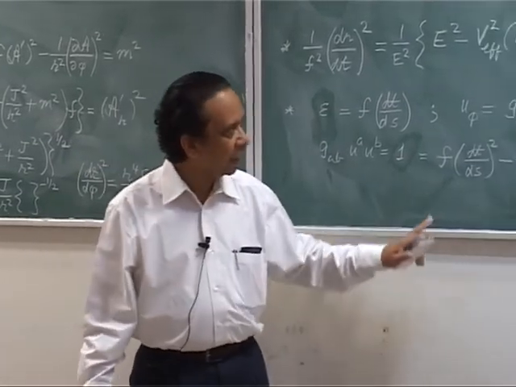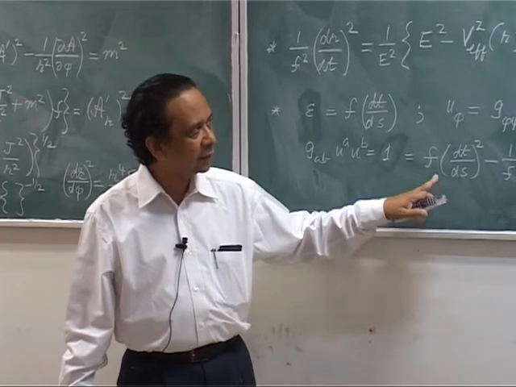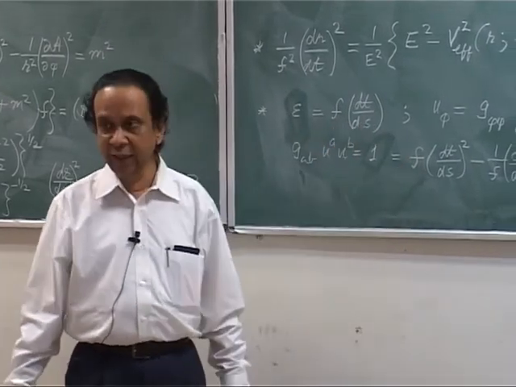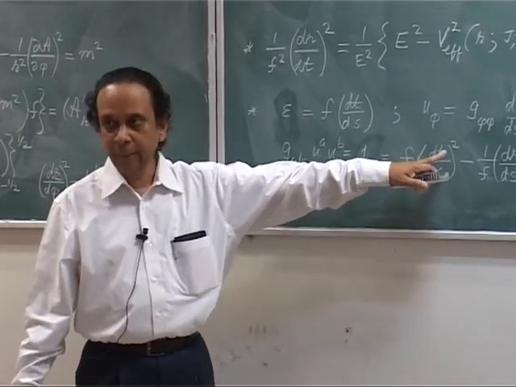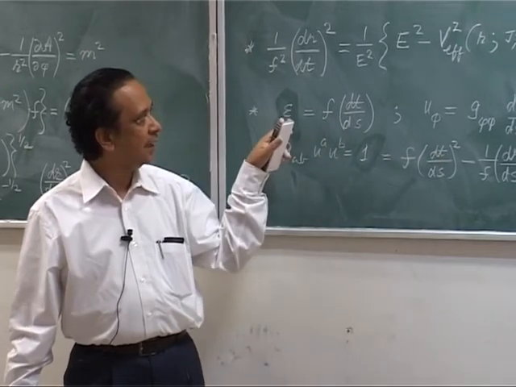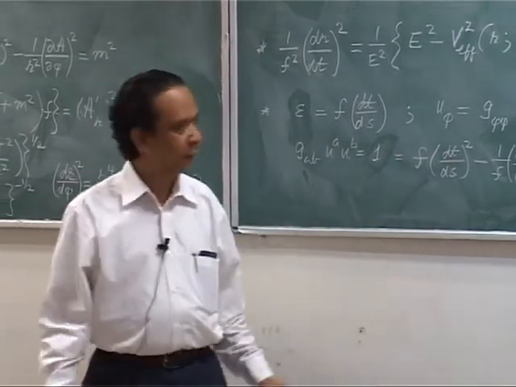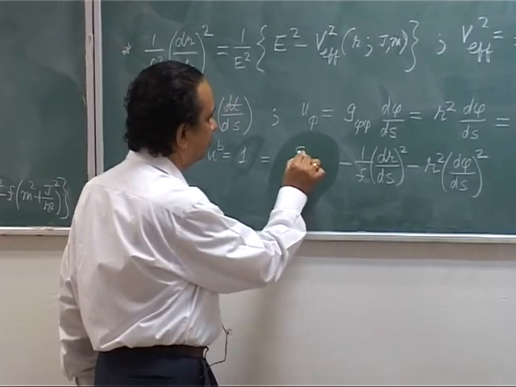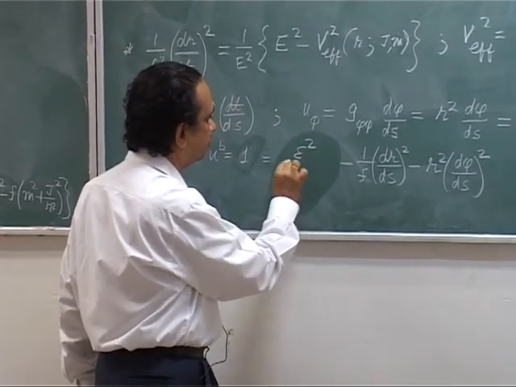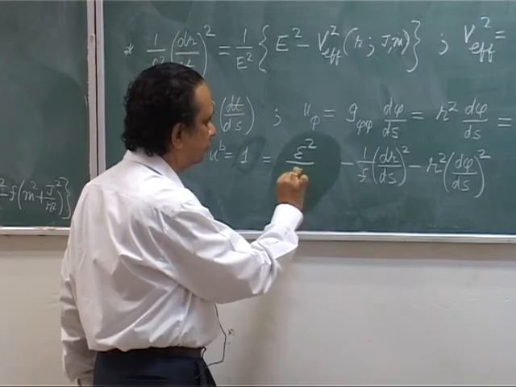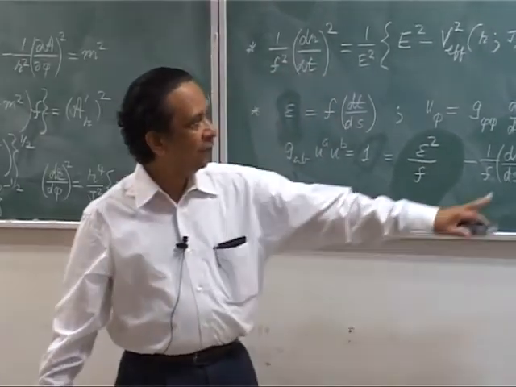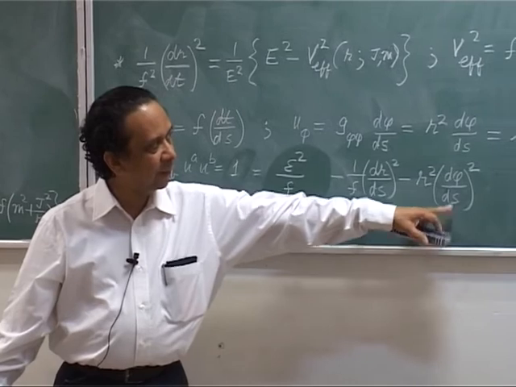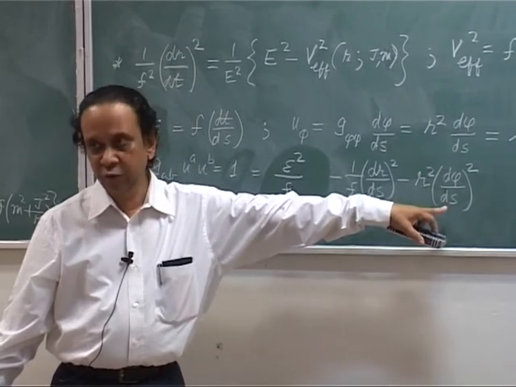So, we have this, and now we go and plug in for these using these equations. So, dt by ds the whole square will be replaced by epsilon square by f square. So, this will become epsilon square by f. d phi by ds the whole square will be replaced by L square upon r to the 4.